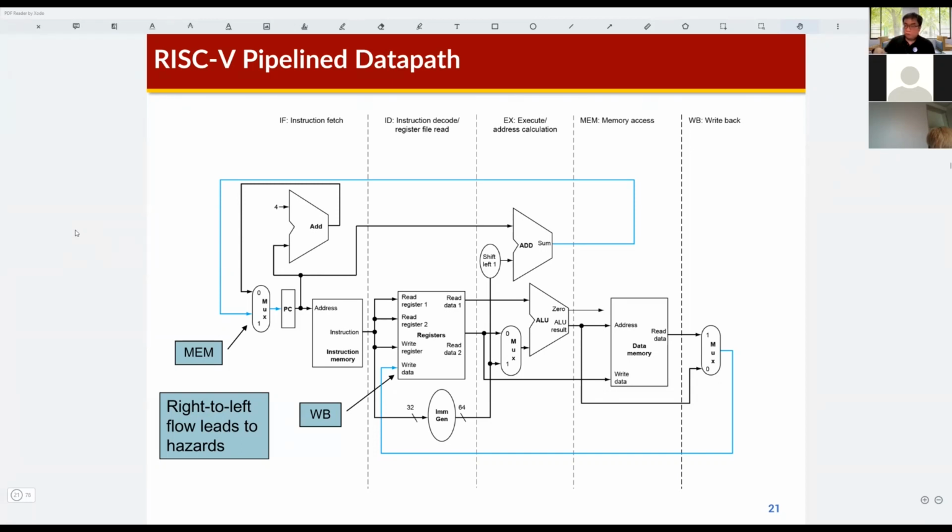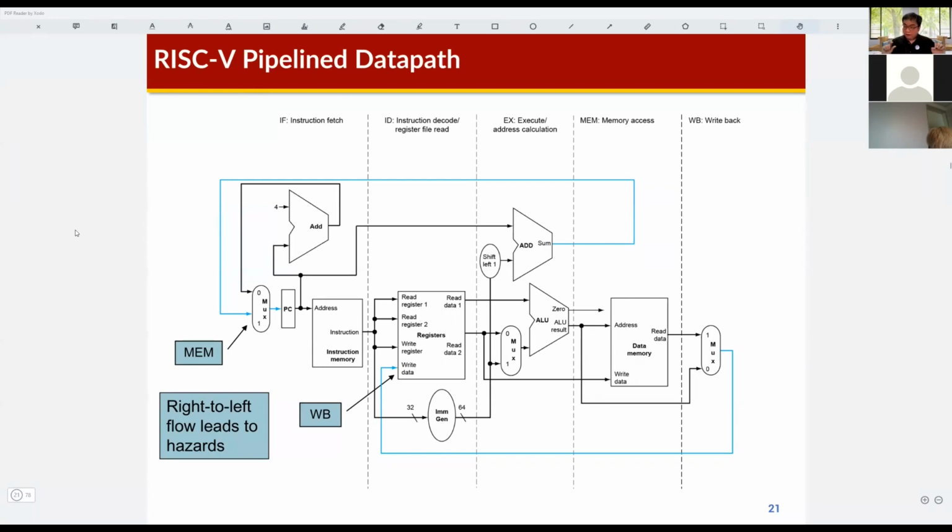For this data path element design, we just define the required input and output of each element. That is lab assignment number 2. And then for the single cycle processor design, we just connect each input and output port of the data path elements based on the flow of instructions.